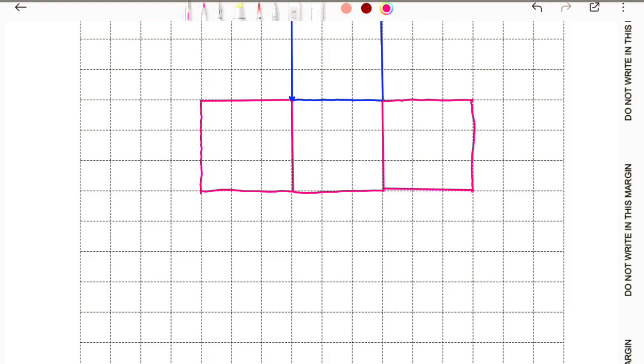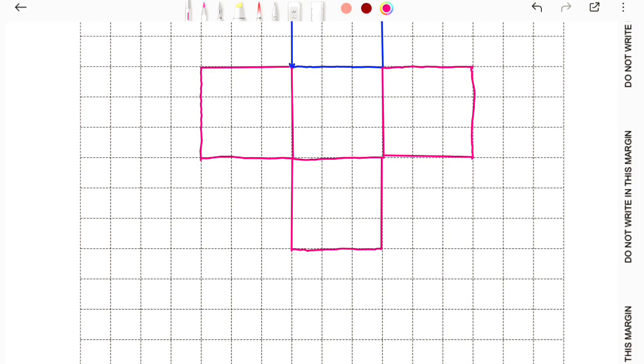Similarly, we have to draw the other squares as well. The last one, again 1, 2 and 3 on each side.